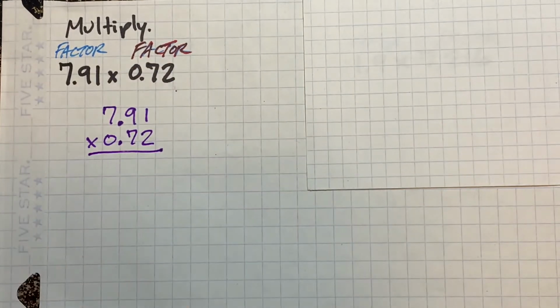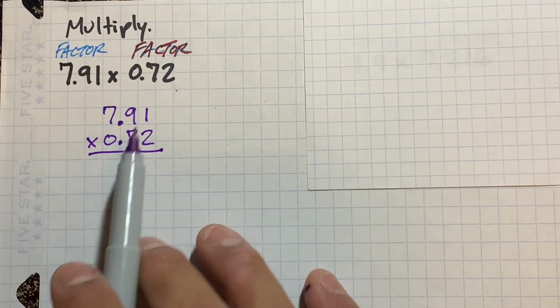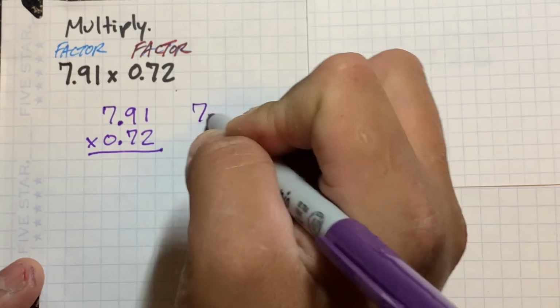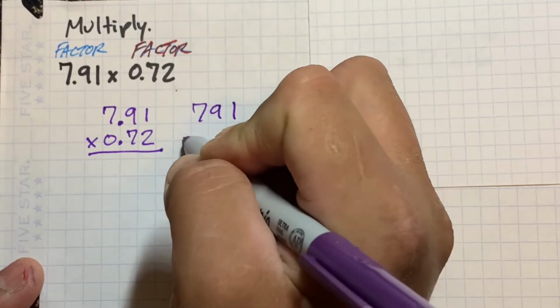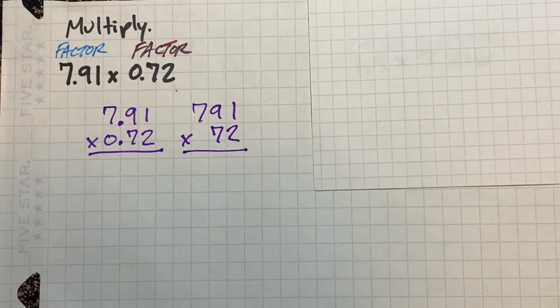In this case we don't need to worry about aligning our decimal points. Unlike adding and subtracting decimals, where you do have to align them, here we don't. Remember, the first step was to knock away the decimal points, so this will be written as 791 times 72.